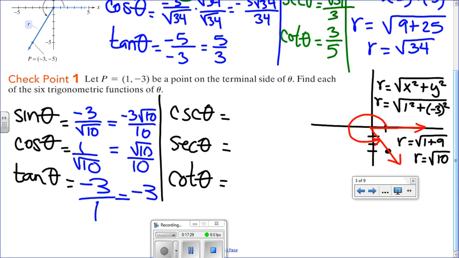Very good. Can I hear cosine? All right, next one, Regina. Oh, you don't have that one? Okay. You got it, Jerry? Cosecant? Okay. Square root of 10 over 3, over negative 3. Very good. I didn't think about that.